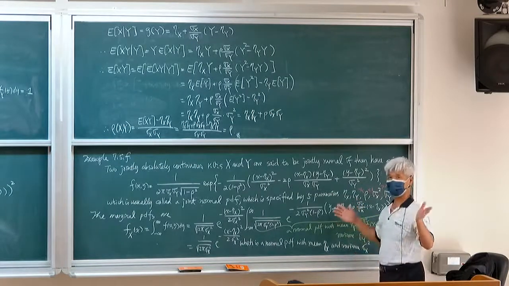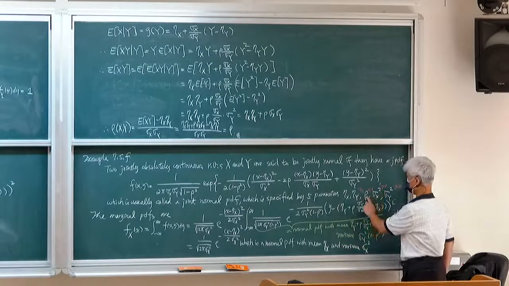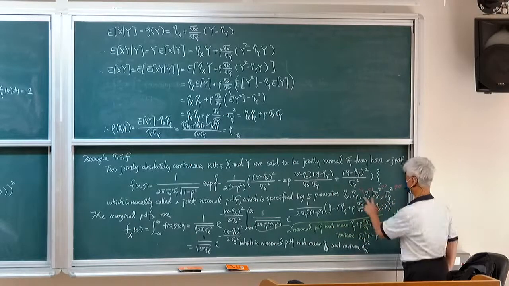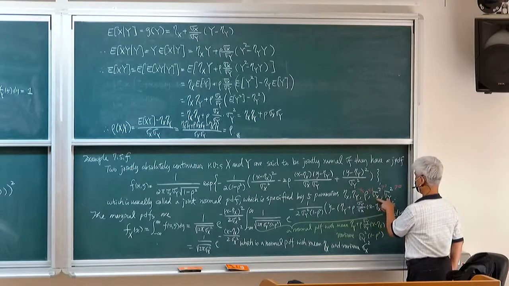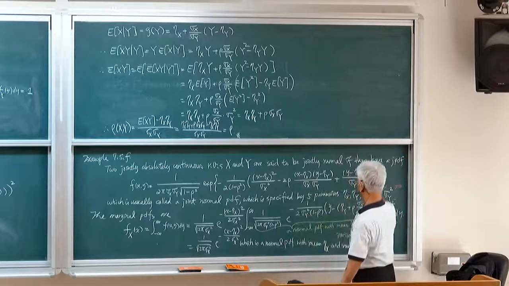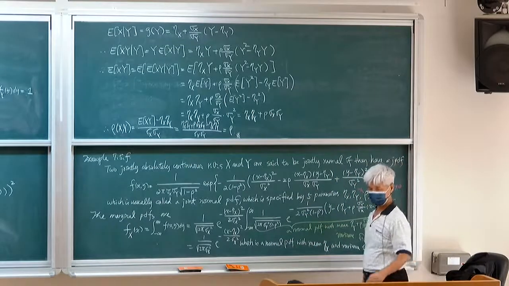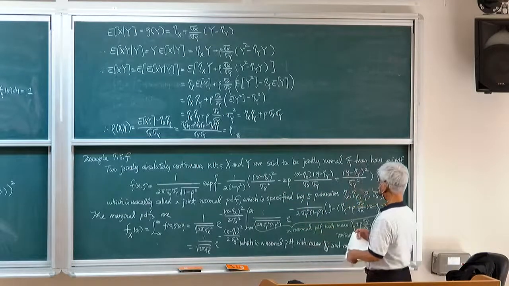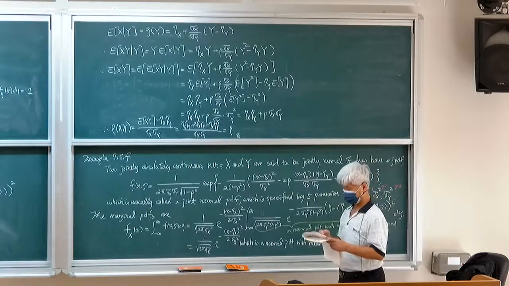They can be any real numbers, and rho should be in between 1 and -1 but cannot equal the endpoints. And the variance should be positive. So this is the restriction on the 5 parameters to have such a joint normal PDF.